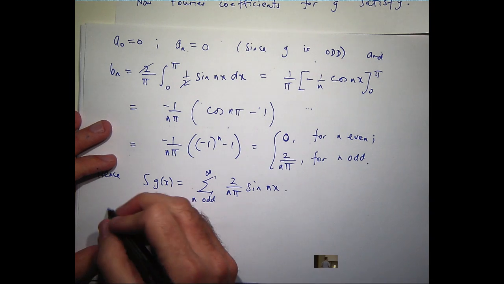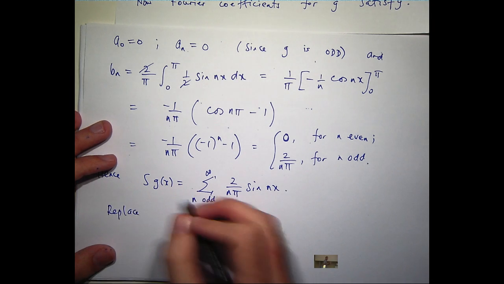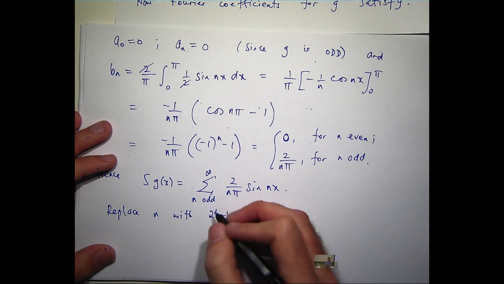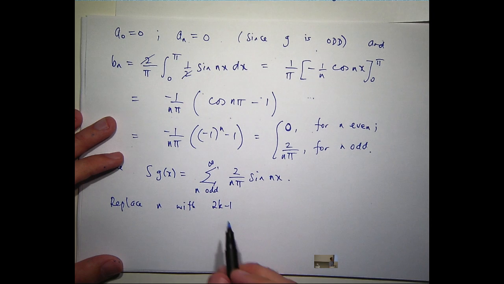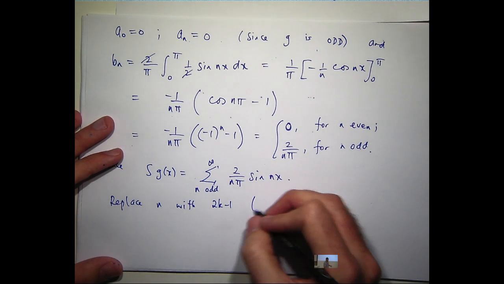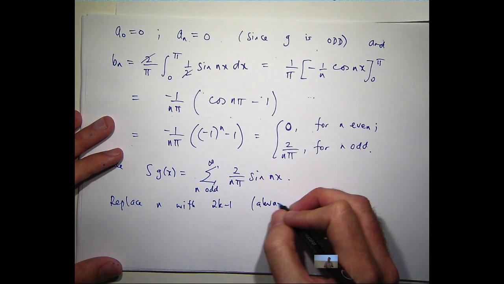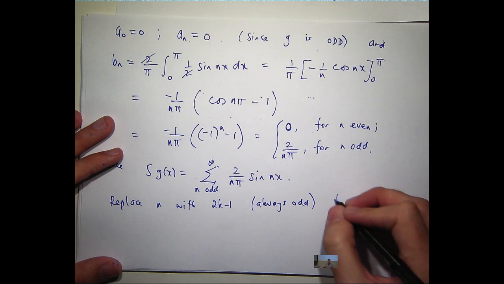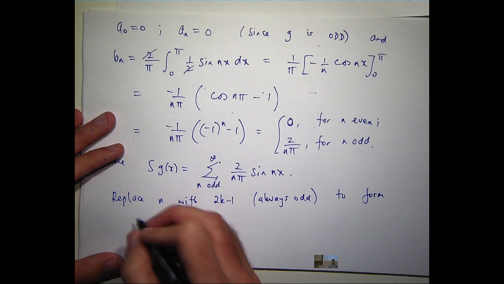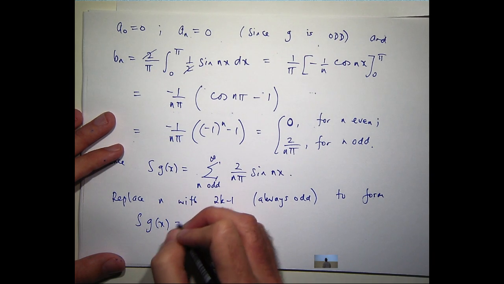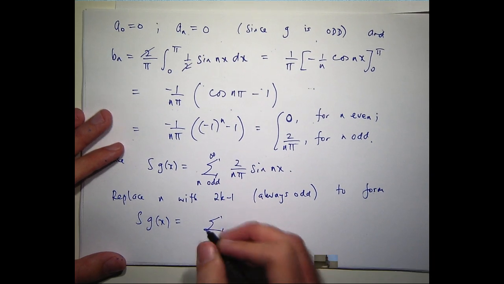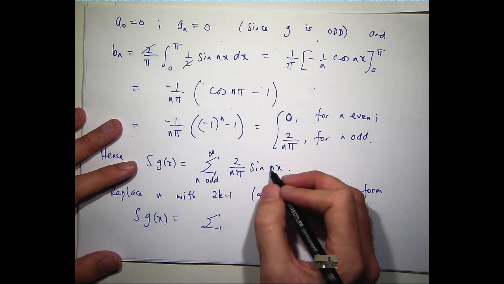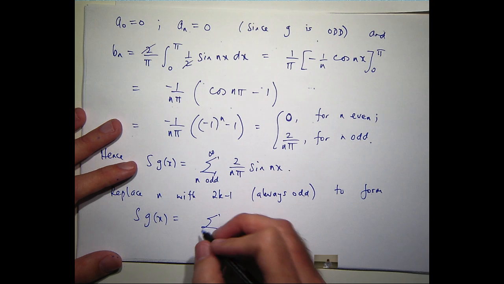So let's replace n with 2k minus 1. Now, if k is, let's say, a natural number, 2k minus 1 is always odd. So that's the idea. So we're going to sum over k equals 1, 2, 3, etc. and replace n in our sum with 2k minus 1.